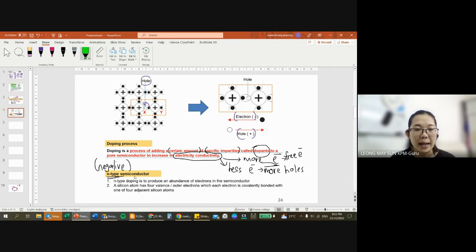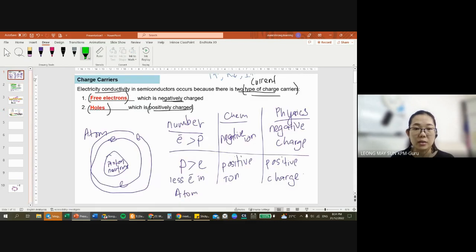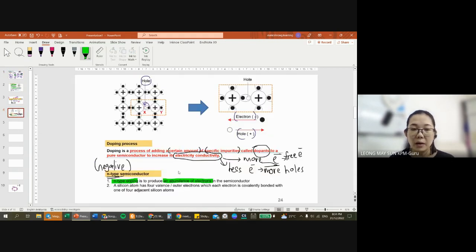Because N-type doping is to produce an abundance of electrons in the semiconductor. So the first slide that I was talking to you guys about just now, when there are more electrons, it is a negative charge. So if it's a semiconductor, more electrons means that it's a negative type of semiconductor.